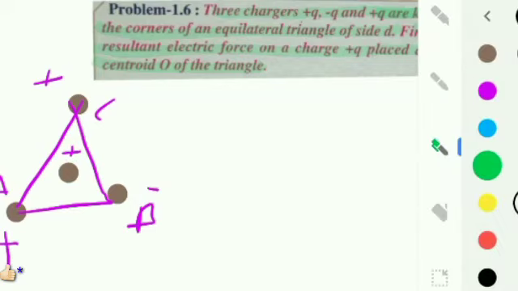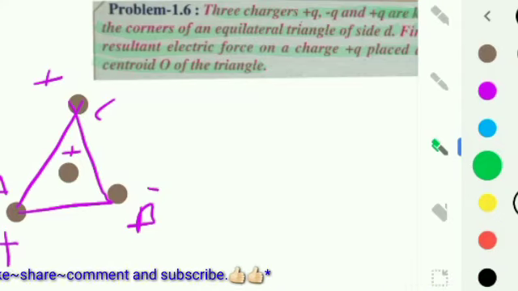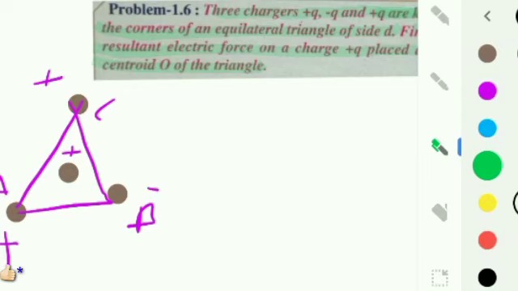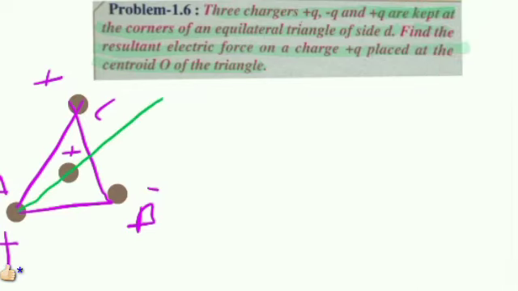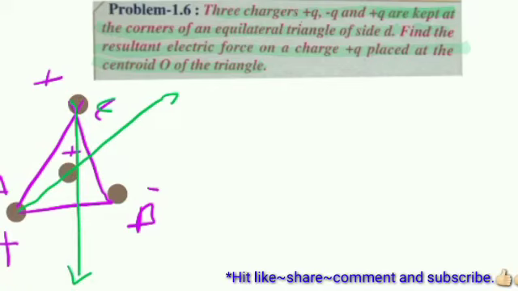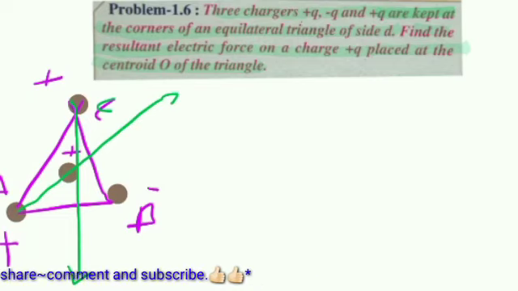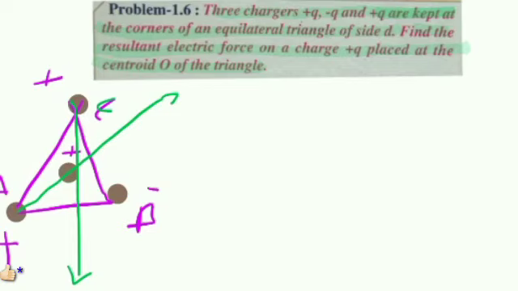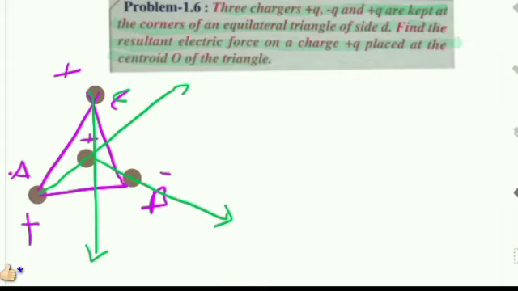Now A is also a positive charge, the center point also a positive charge, so the resultant is in this direction. C is also a positive charge and the center also has positive charge, so the resultant force is in this direction. And B is a negative charge and the center is a positive charge, so the resultant force is in this direction.